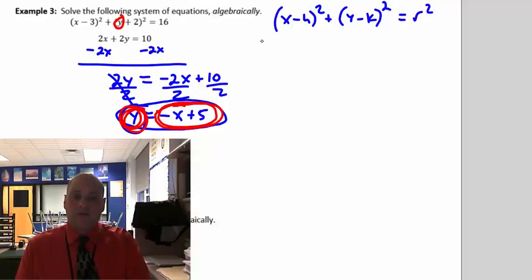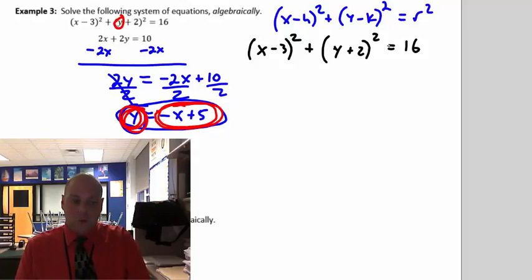I'm only going to have x in it. I'm going to do it over here, okay? So I'm going to show you. Here, I'm going to write the original thing again. X minus 3, I don't want to go too fast. X minus 3 squared plus y plus 2 squared equals 16. Now again, we're going to replace the y with negative x plus 5.